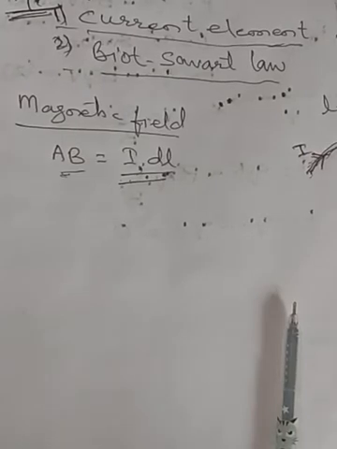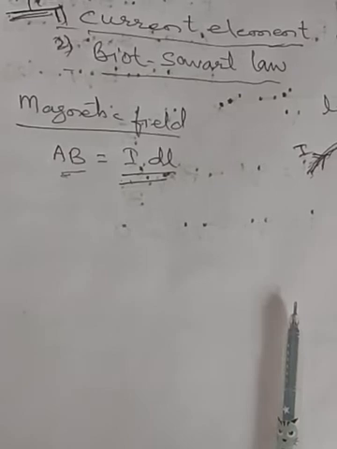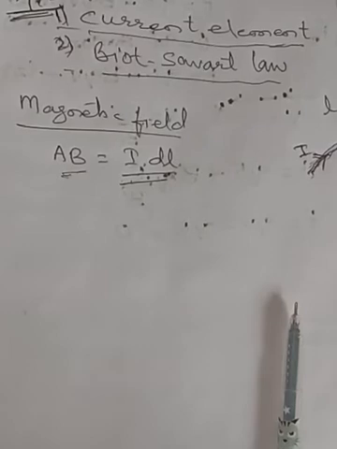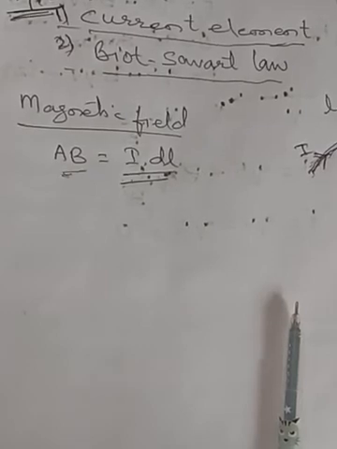Because of that, Biot and Savart gave the concept of current element, which is an infinitesimally small portion of current carrying conducting wire, which will carry the same amount of current which is carried in the whole wire.